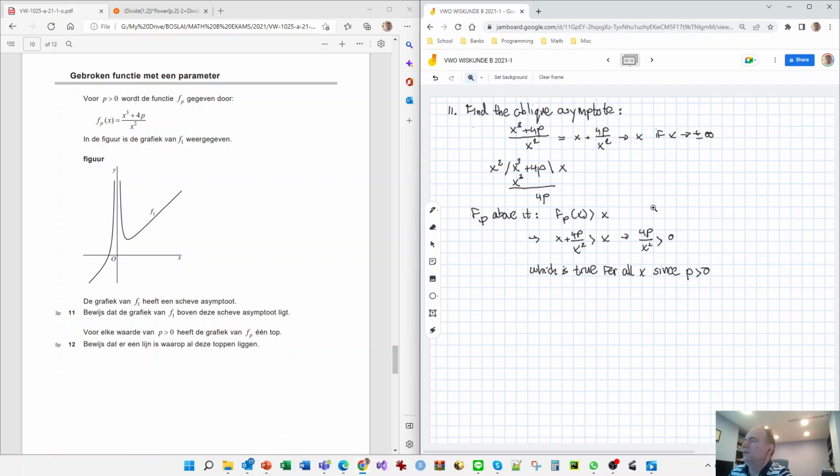And actually these all work in both directions. And since we know this is true, since x squared is always positive and p is positive as well, we find that this is true.